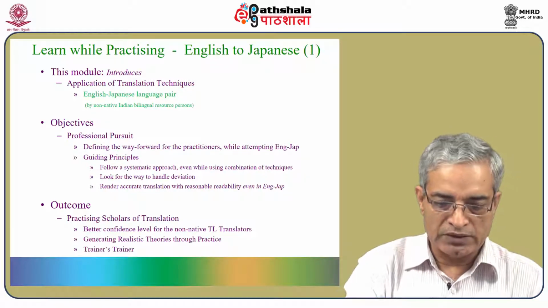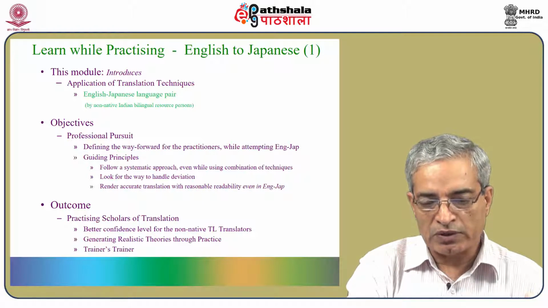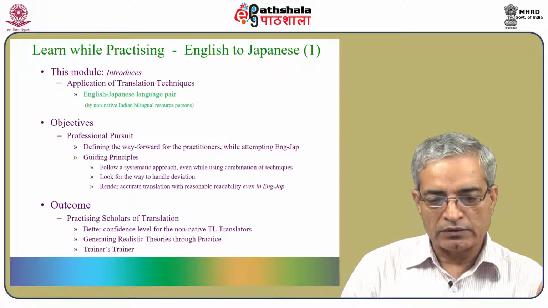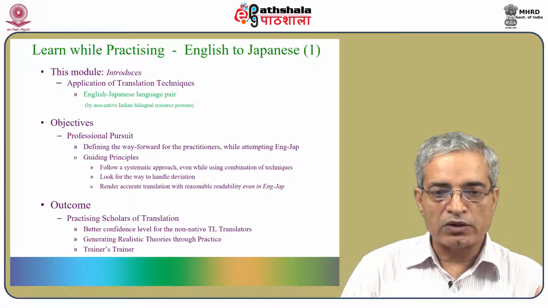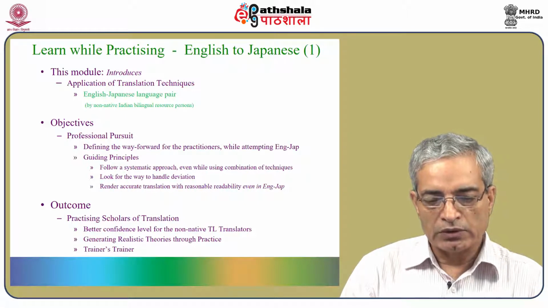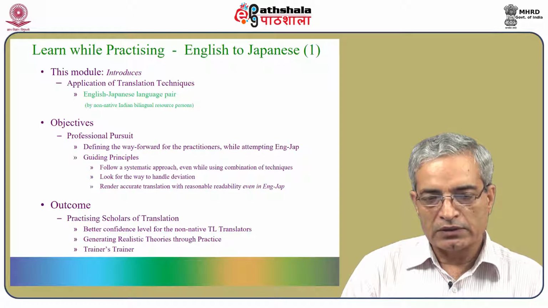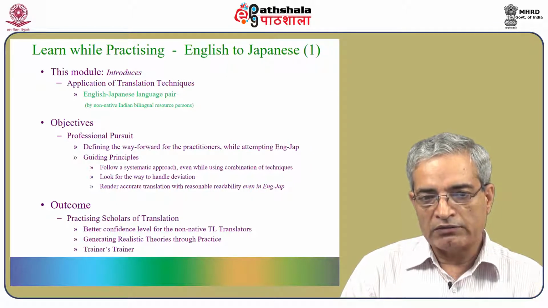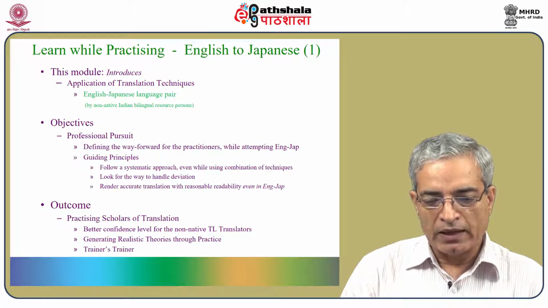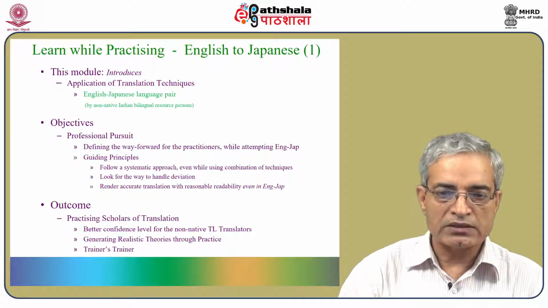The outcome remains the same as it was in the previous one to some extent, targeting the practicing scholars of translation who will be able to have better confidence level for doing non-native target language translations and generating realistic theories through practice and trainer's trainer.